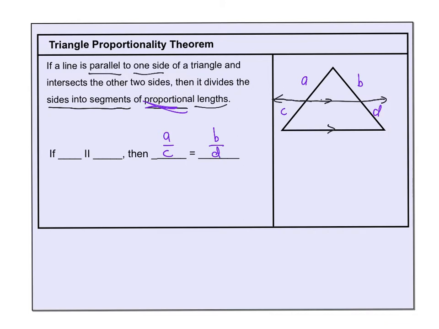If I label this line L, L for line, and call this length X, and say L is parallel to X, then A over C is equal to B over D. And that's true no matter how I rotate or maneuver this shape. If I have a line parallel to one side and it intersects the other two sides, then it divides those into proportional lengths. That's all it says.